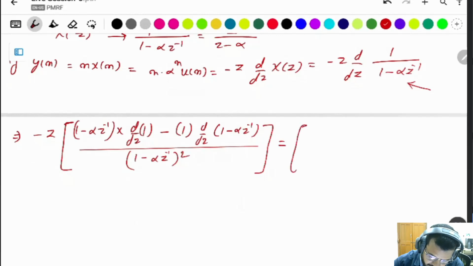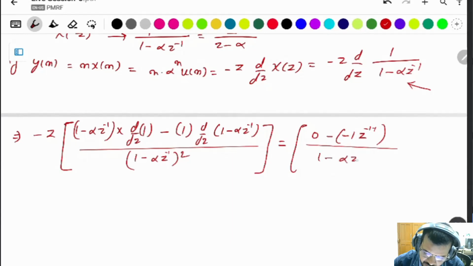In this case, the differentiation of the numerator is 0, and the value is 0, minus 1 into the differentiation of the denominator, divided by 1 minus alpha z inverse whole square.